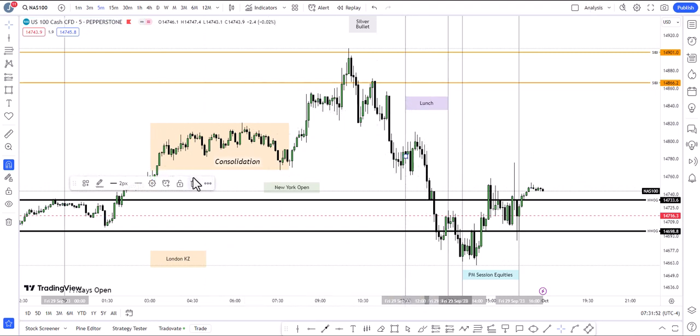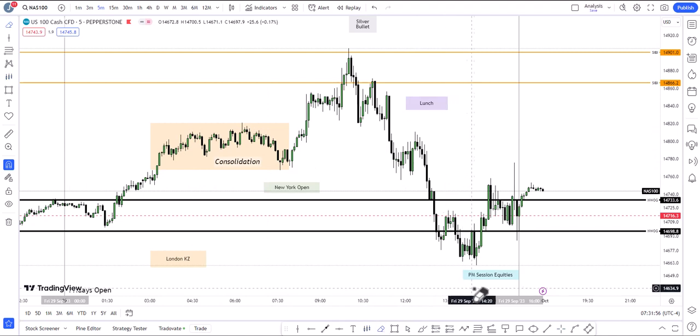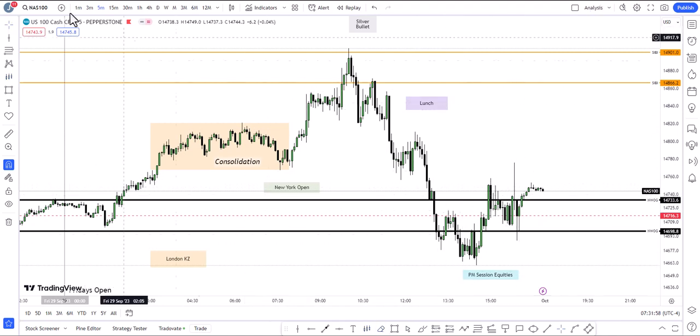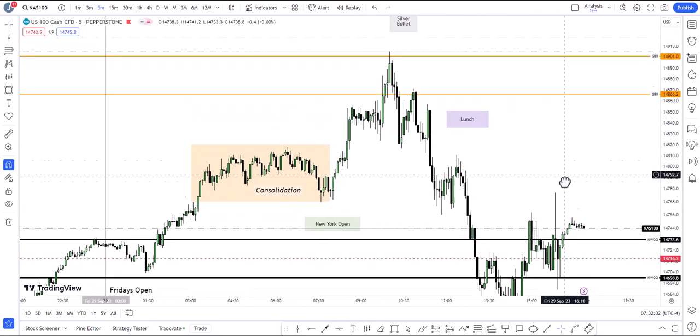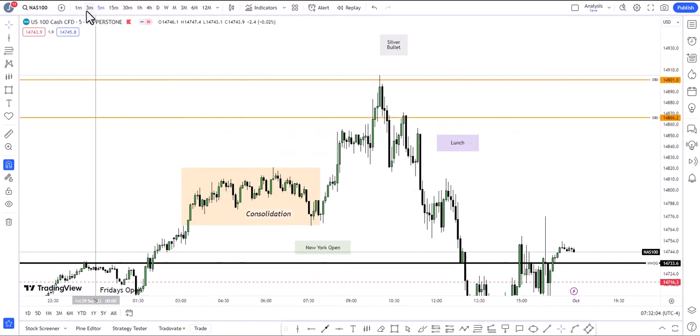Now, so that I have important times denoted on the chart there, I'm going to break it down even further. So, what we have here.